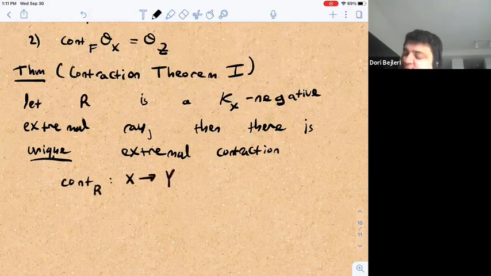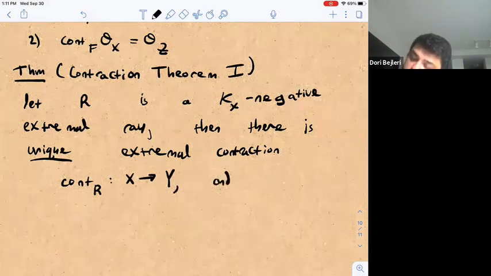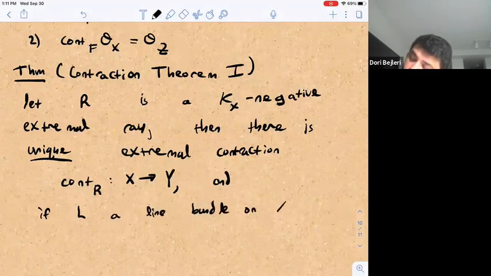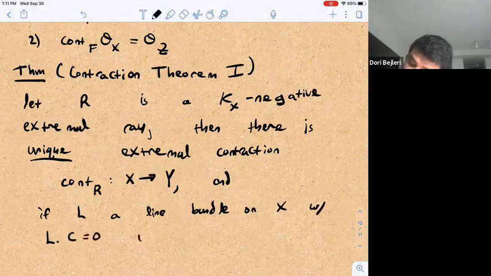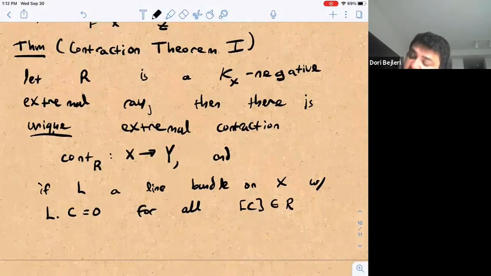So it's an existence theorem that if we have a KX negative ray, then we actually can contract it, and if L is a line bundle on X whose intersection number with all of the curves in this ray is 0, then L is actually pulled back along this extremal contraction.